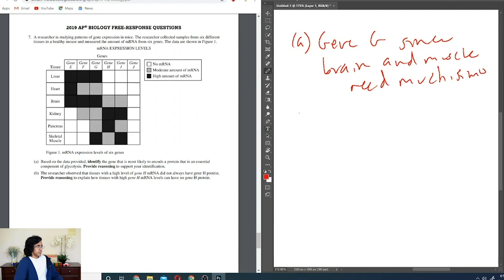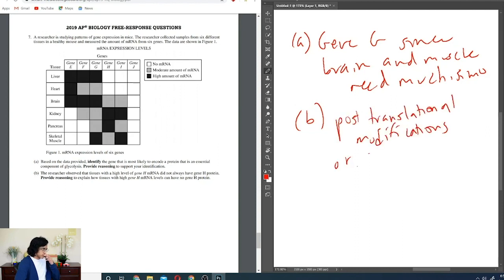Okay, B. The researcher observed that tissues with a high level of gene H mRNA do not always have gene H protein. What does having high mRNA levels have to do with protein? I mean, you could have a lot of that, but it just would not produce protein. Could we just say post-translational modifications? What else would contribute?